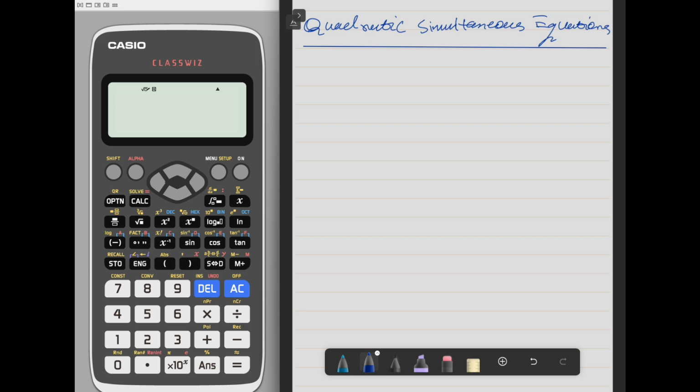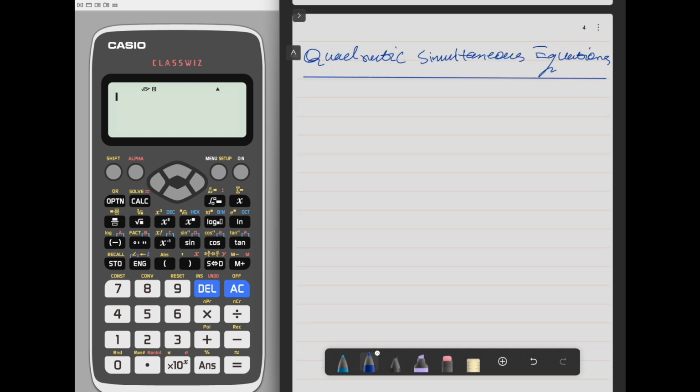In quadratic simultaneous equations, you will have 2 answers for x and their corresponding answers for y. So you have to pair them up correctly and give, in general, 4 answers, 2 for x and 2 for y, right? In linear ones, we were giving 1 answer for each, 1 for x and 1 for y. But here we have to give 2 answers for each, 2 for x and 2 for y.